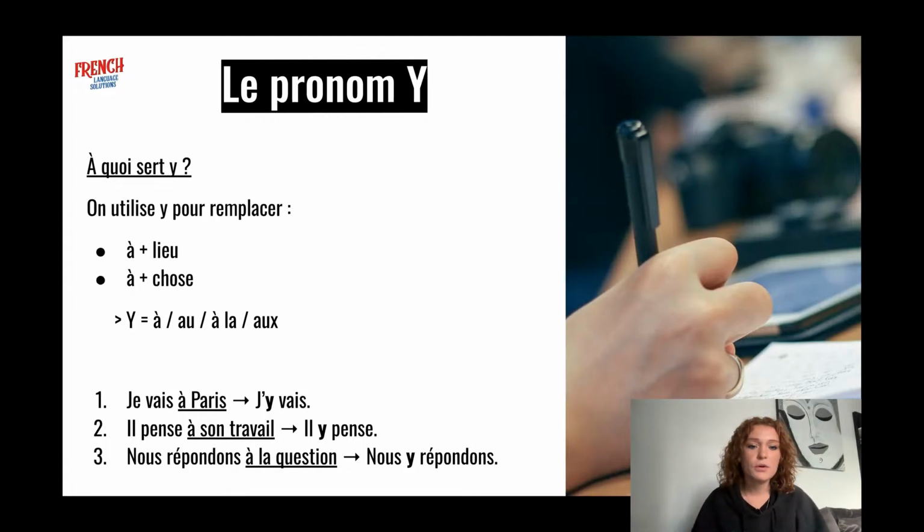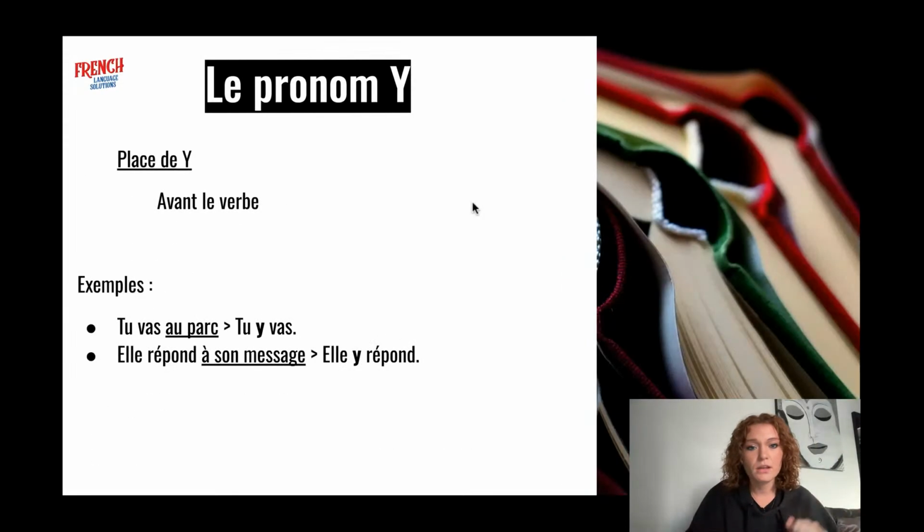So the y is the pronoun that you can always take and replace every time you have a place or a thing. When it comes to the en, let's keep in mind it has to be about something that starts with the some or a quantity. So they're pretty much the same when it comes to their construction, but for what they're used for and what they replace, they're different.